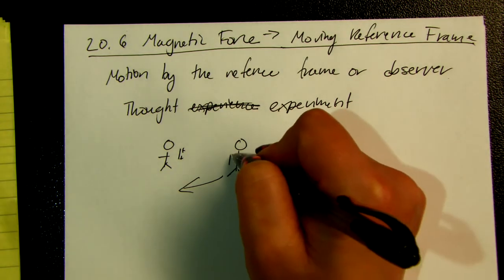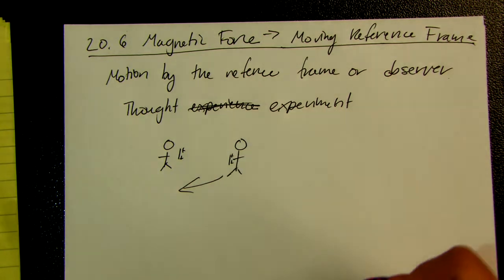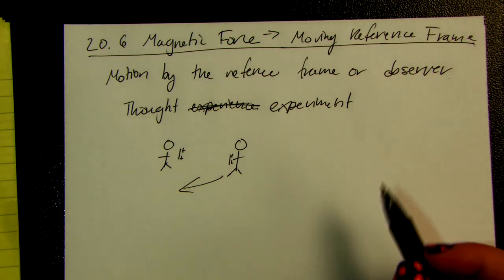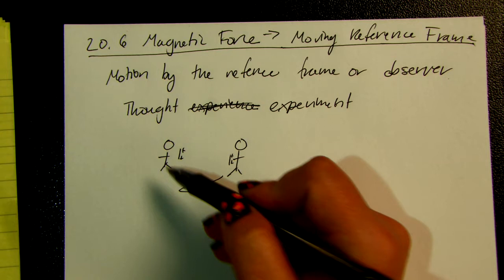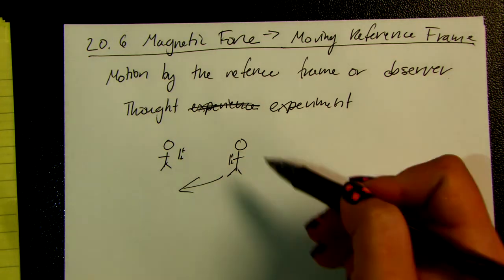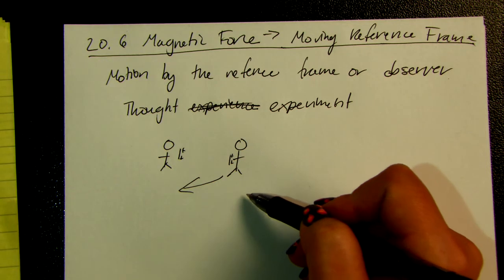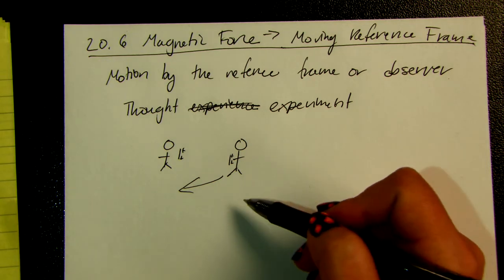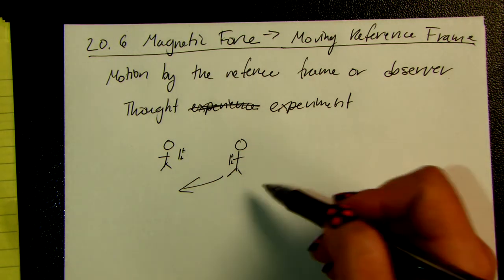I believe she was also holding charge tape. So one of them is going to see only a force related to electric fields, and the other is going to see a force related to both magnetic field and electric field.